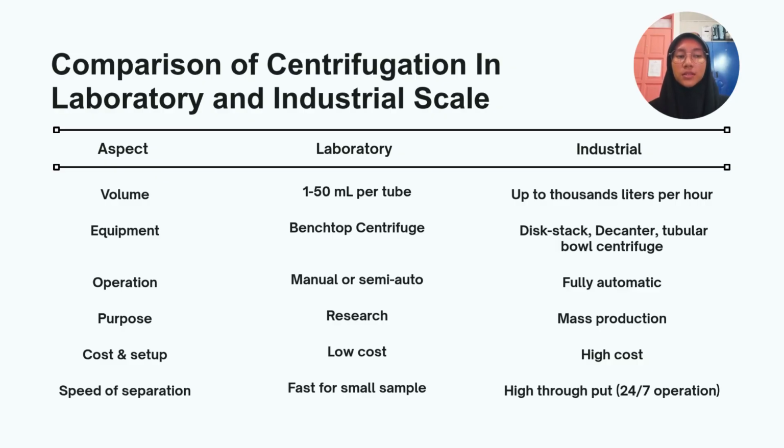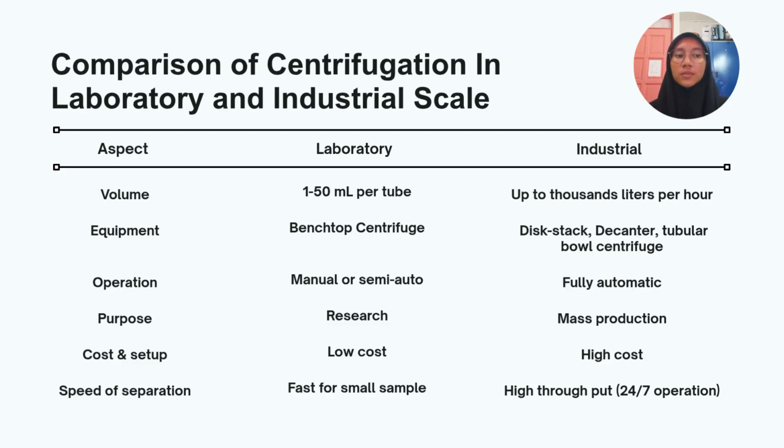It means the industrial centrifuge can produce a large amount of product within a short time. This centrifuge usually works continuously, and everything is more automatic compared to the benchtop centrifuge.